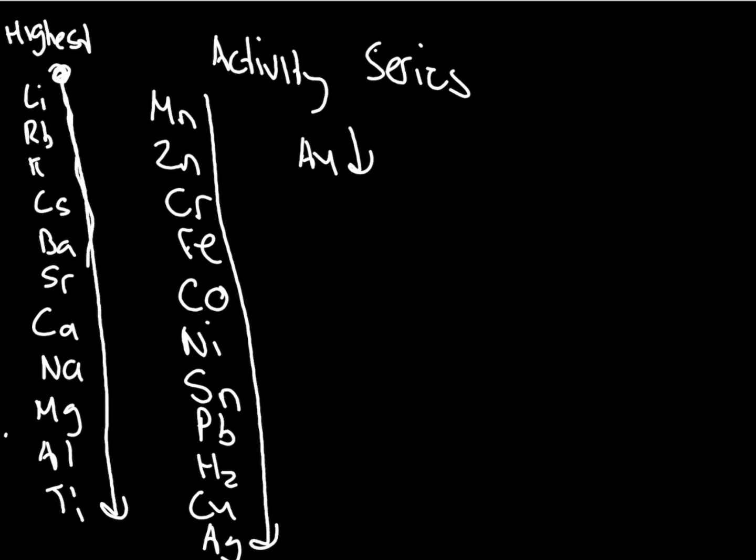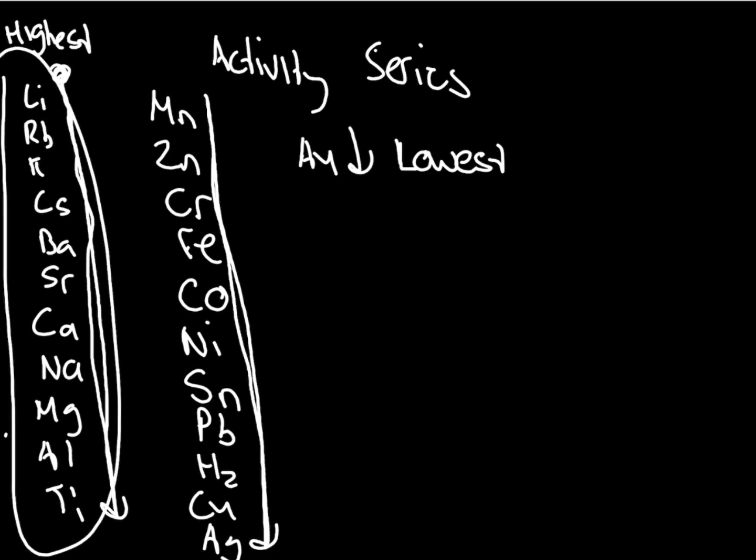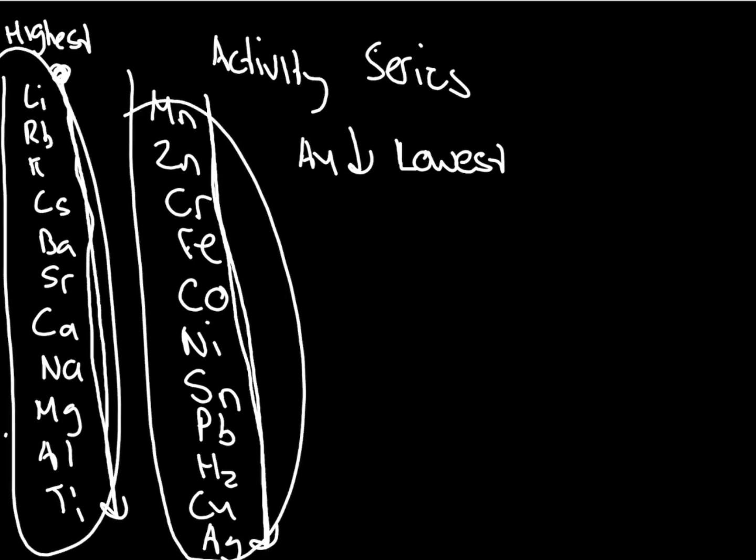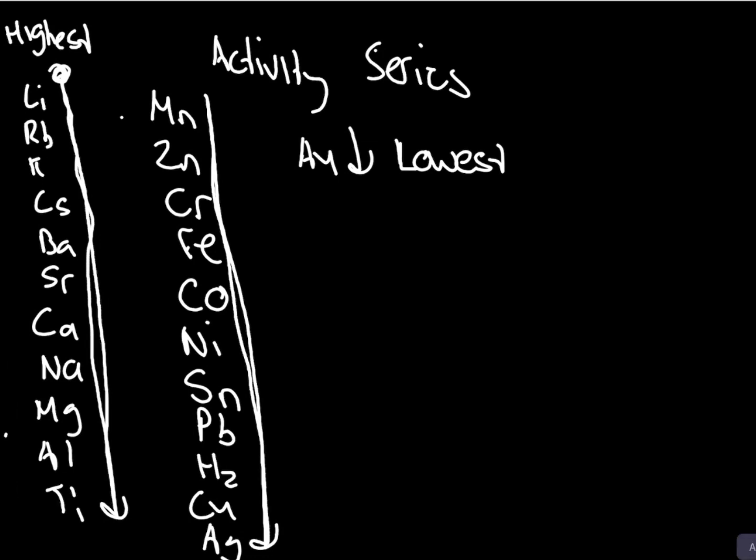And you go down here, and then you go down here. Elements here, they have the lowest activity level. I'm sorry I couldn't fit all the elements in one line. Usually these elements and these elements would be in one line, so the highest to lowest would look a bit more organized. But I'm sorry about that.